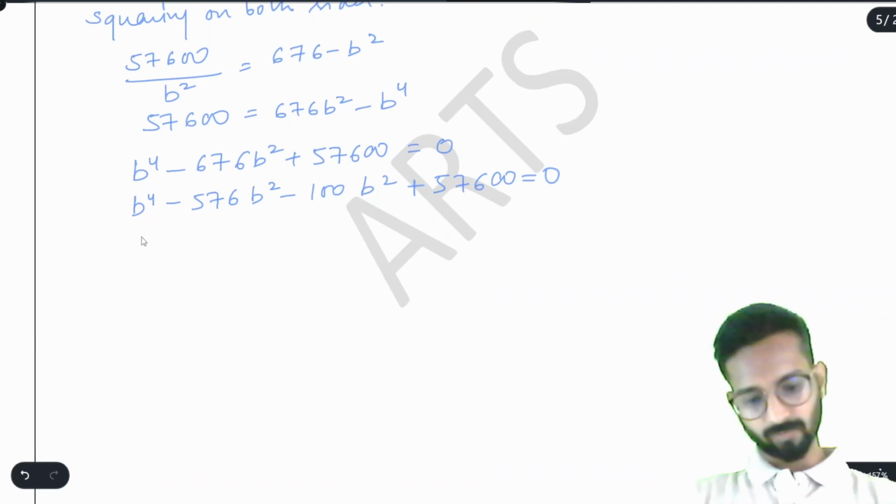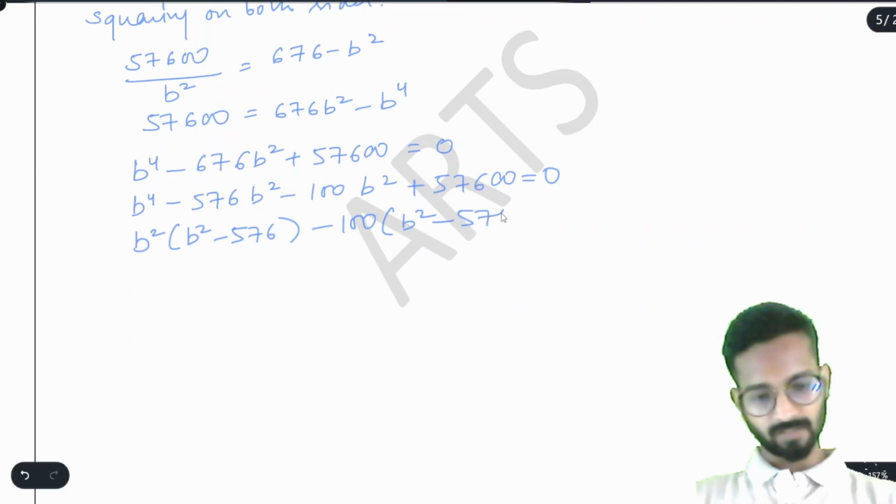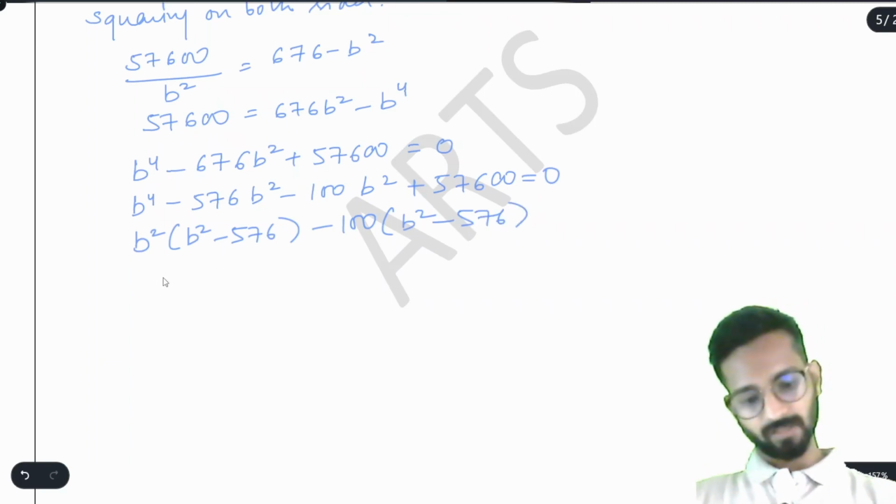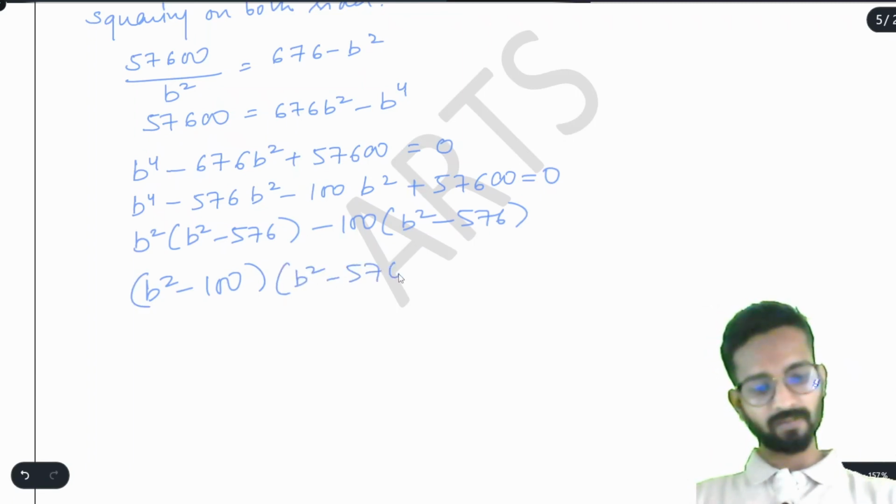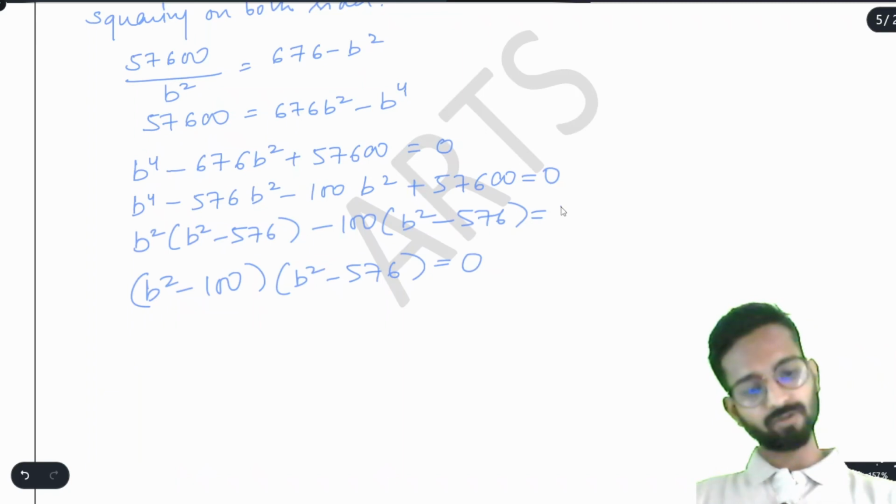We can take the common out: b square minus 576, minus 100, b square minus 576. Then b square minus 100 is one factor, another will be b square minus 576 is equal to 0.